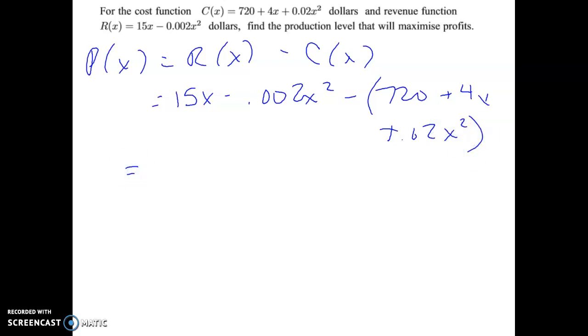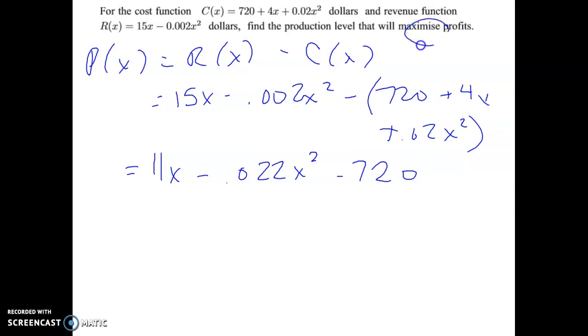Okay, so let's see what we're going to have here. We're going to have 15x minus 4x, that's going to be 11x, and I'm going to have negative 0.002 x squared minus 0.02x squared, so that's going to be negative 0.022 x squared minus 720. So that's not in descending order, but it does have all the things that I need.